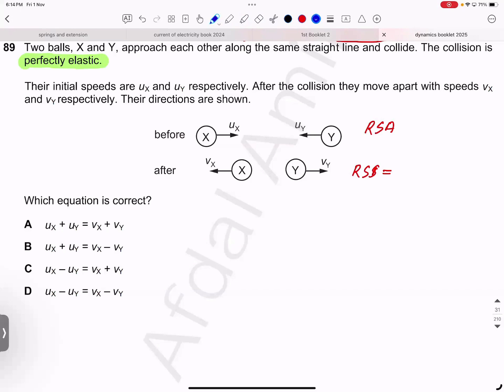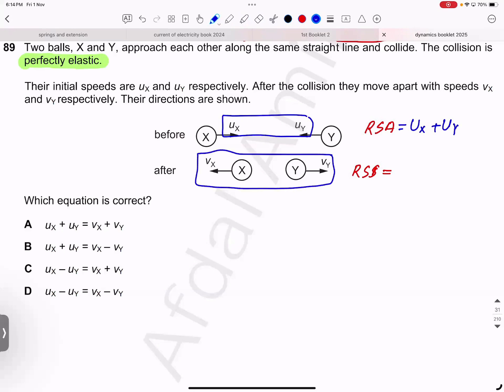For relative speed of approach, if they move in opposite directions, you just add them, so ux plus uy. Relative speed of separation, they are also moving in opposite directions, we again add them, Vx plus Vy. So if it is a perfectly elastic collision, relative speed of approach equals relative speed of separation. The answer is A. This was an easy question.